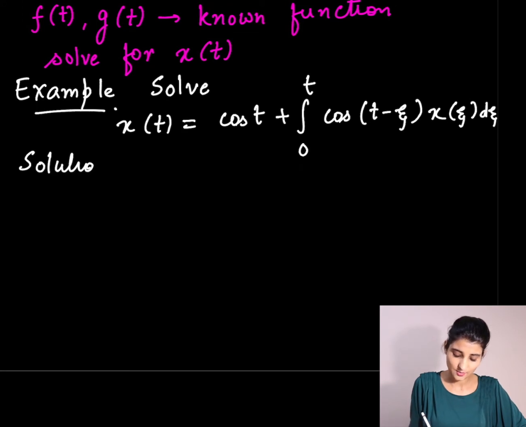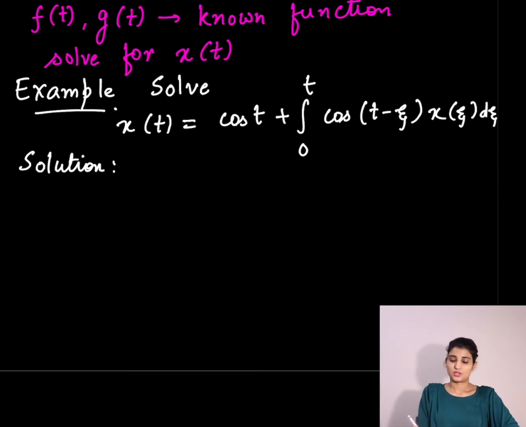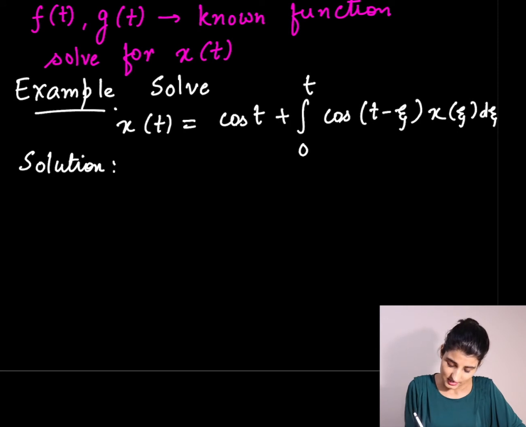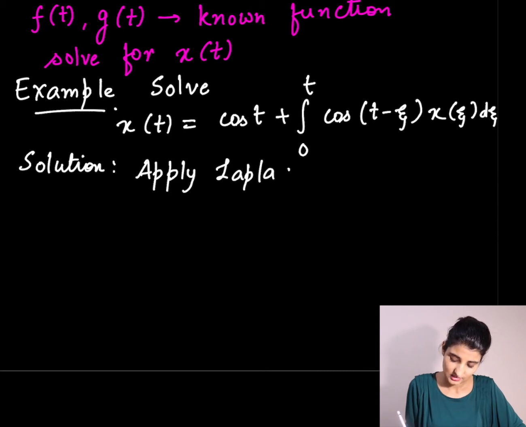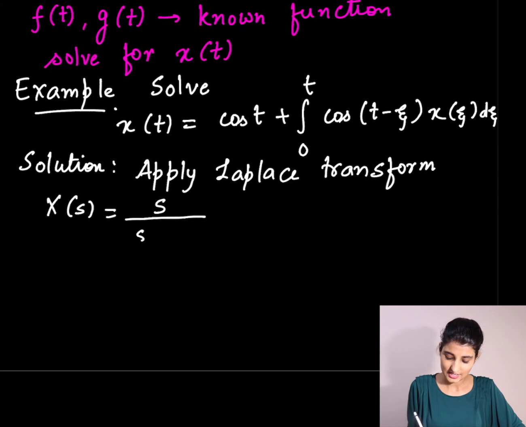We apply the Laplace, we solve for X(s), and then we take the Laplace inverse. So if we apply the Laplace, what we get is, on the left hand side, Laplace of x(t) is X(s), Laplace of cosine t is s divided by s square plus 1 plus.